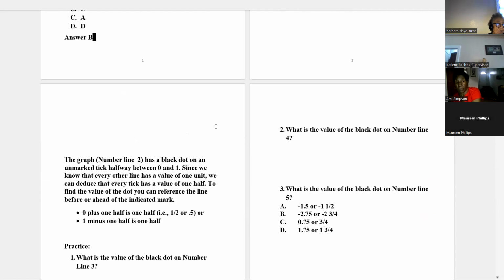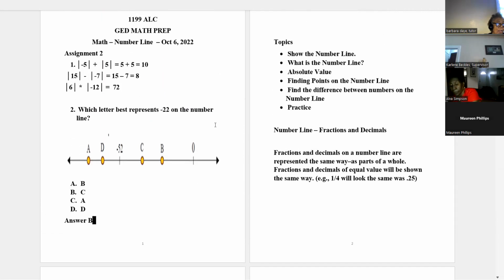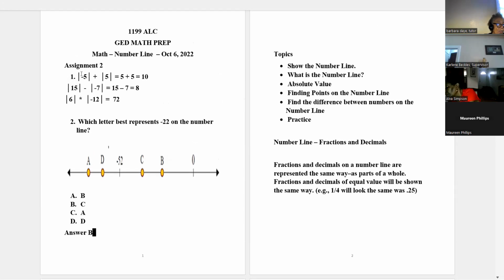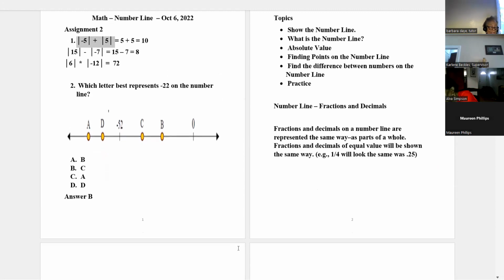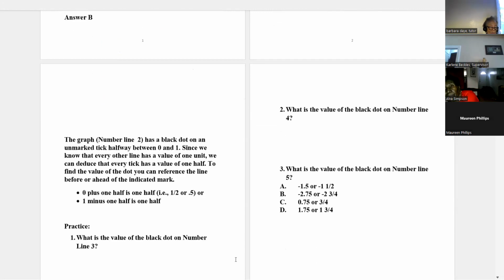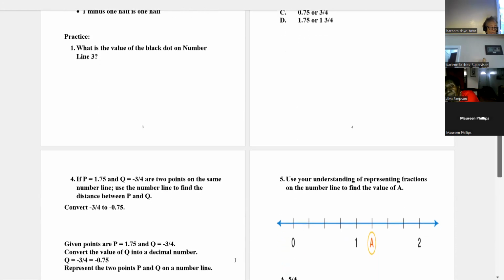Let me just go up here and grab my absolute value. When I say add the absolute value, what you're going to do is add minus 0.75 and then add 1.75.